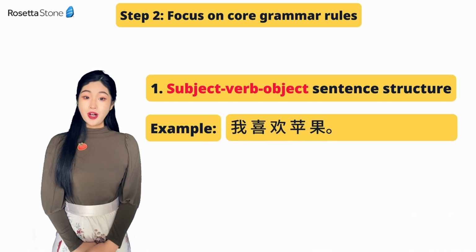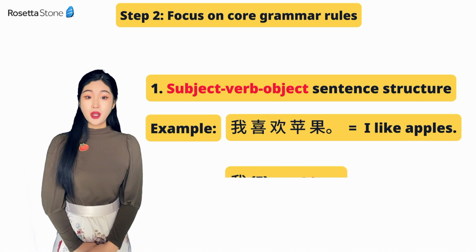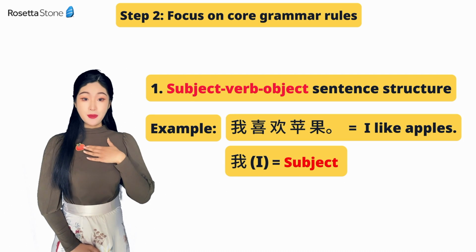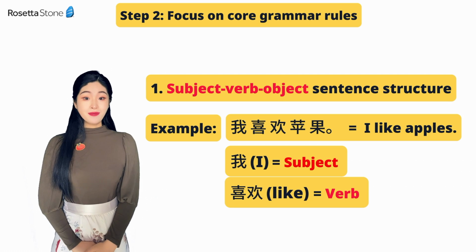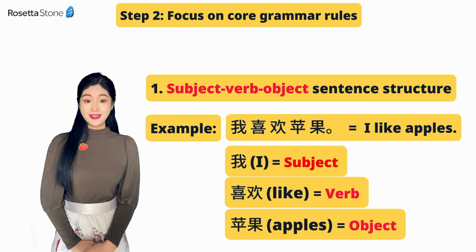Example, 我喜欢苹果 translates to I like apples. 我 subject, 喜欢 verb, 苹果 object.